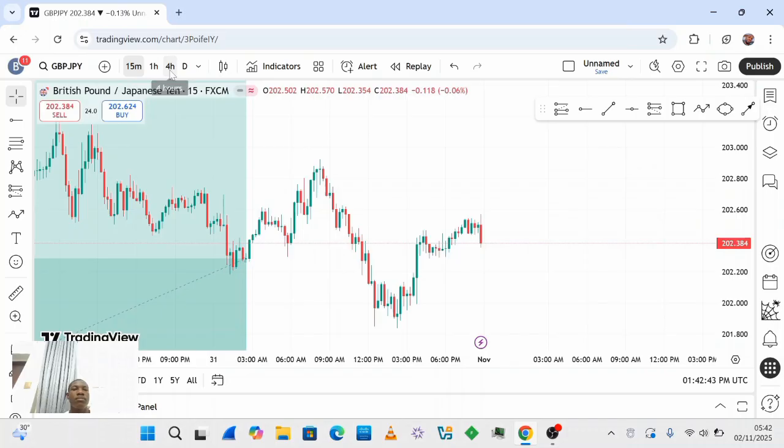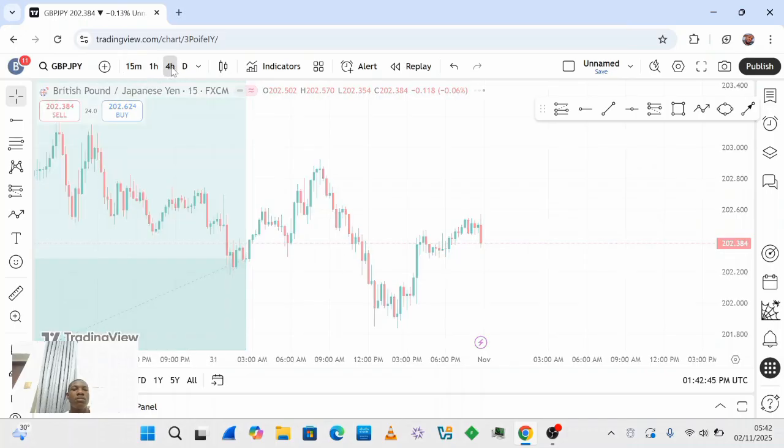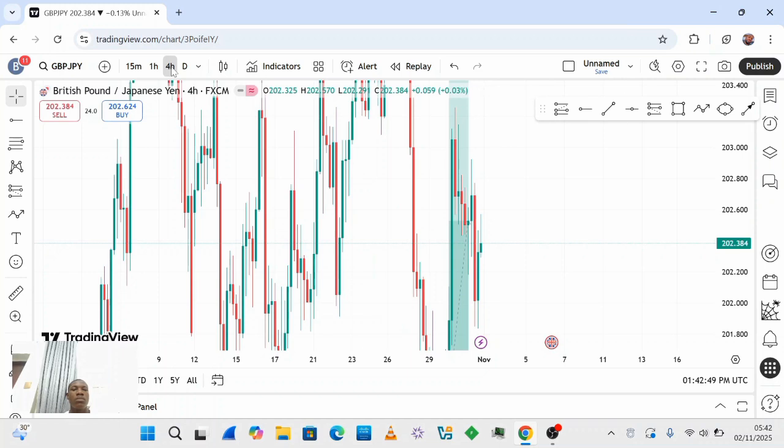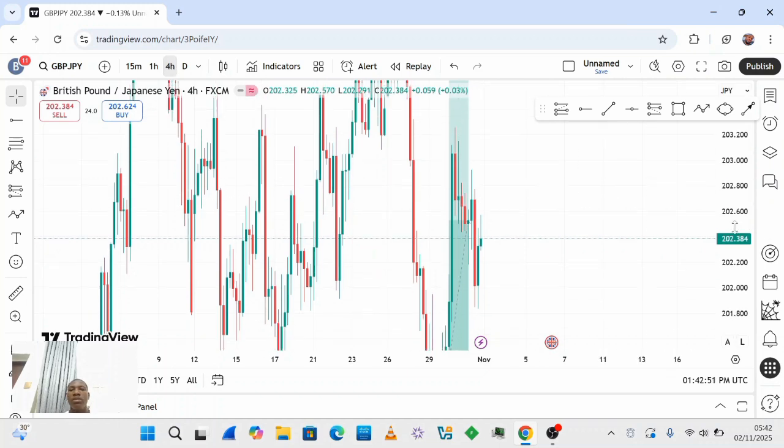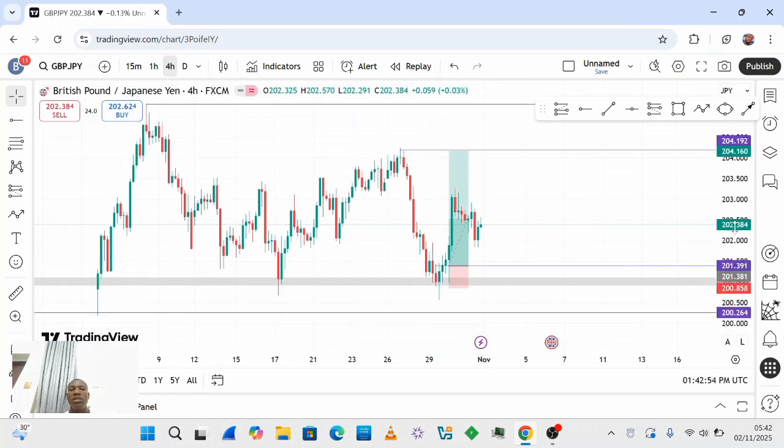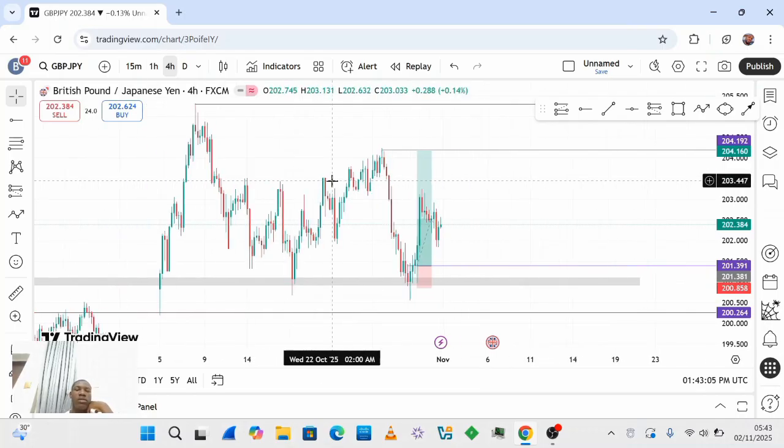The same approach. This was the trade that I took on. I didn't take this trade. I just analyzed the trade and let it run.